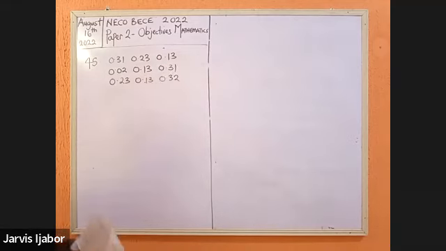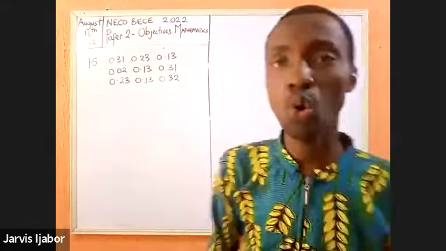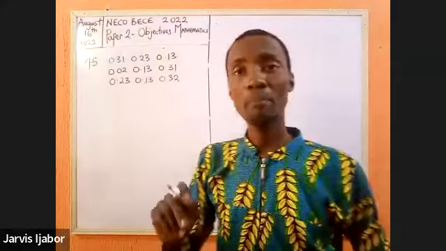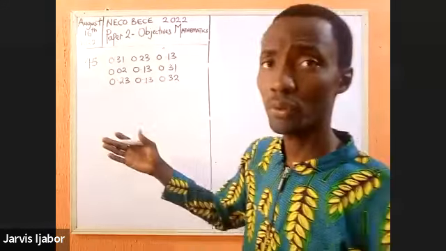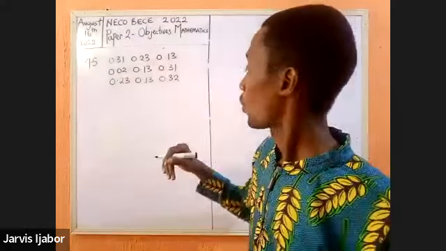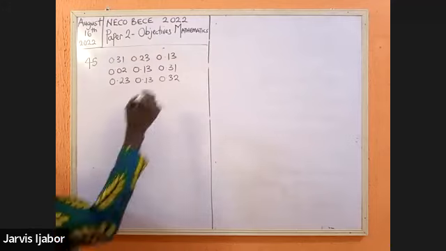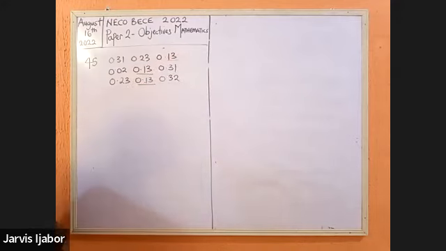Now you are told to look for the mode. What is the mode? The mode is that information that has occurred the most. The mode is that information, number, mark, that has occurred the most. So when we look at the board, which one has occurred the most? If I look at this, it is 1, 2, 3.